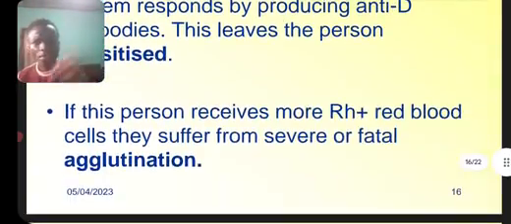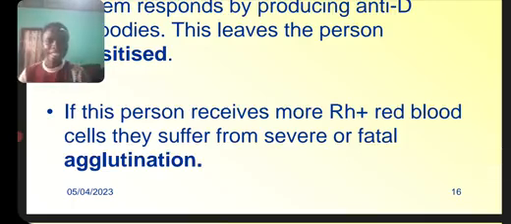But if this individual is given more rhesus positive red blood cells during a blood transfusion, they might suffer from severe or fatal agglutination.